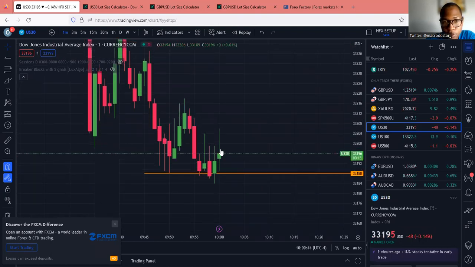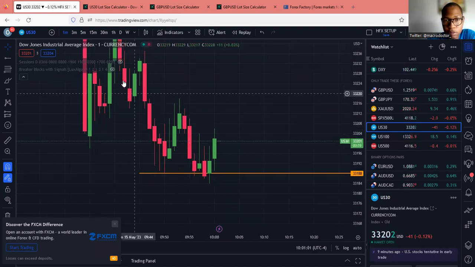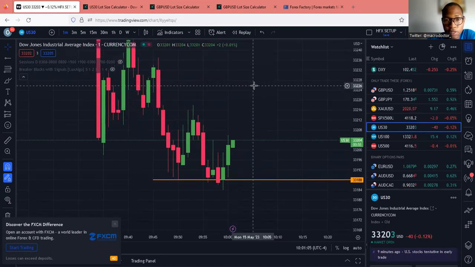If price closes above here, I'm in for the buy. But like I told you, I'm going to exit very quickly because my ideal entry is for a sell, not a buy.